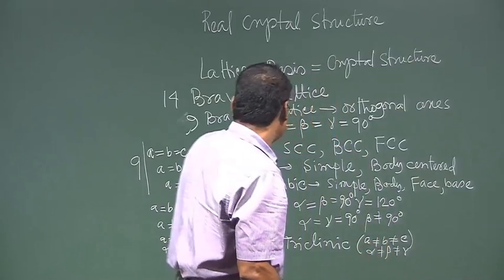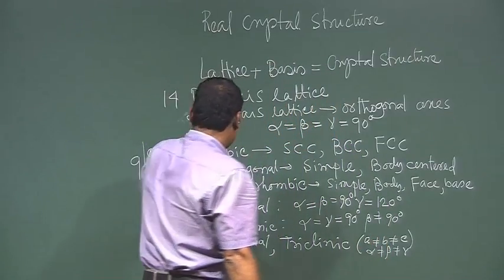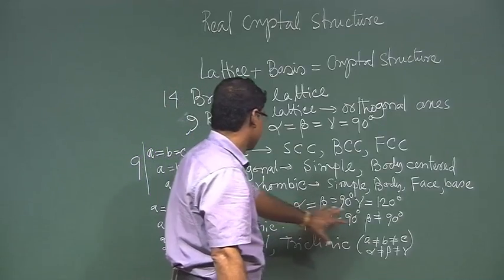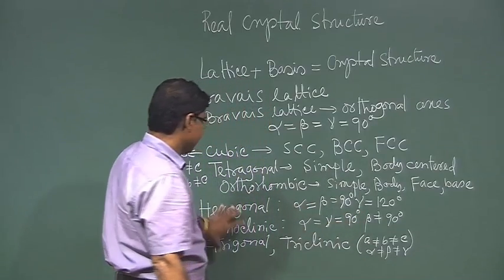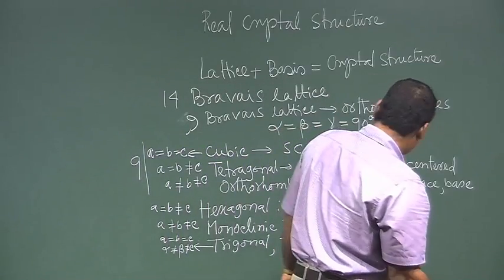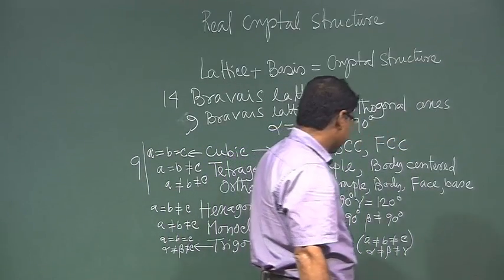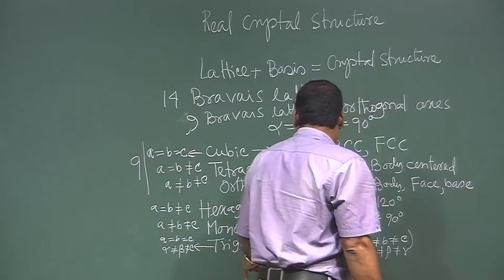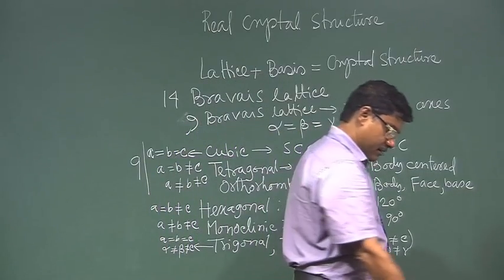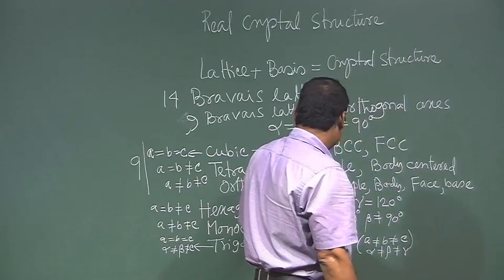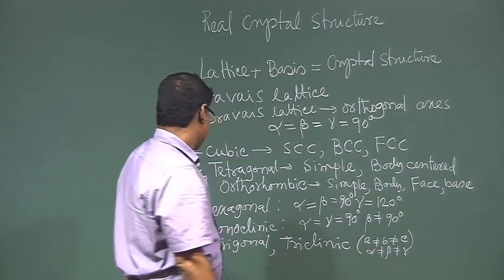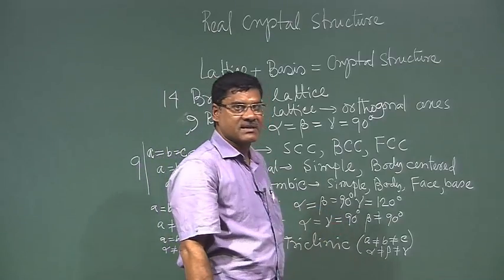Okay. So, from here there are 9 and from here one can get basically 5. Trigonal and triclinic are only simple type, and hexagonal also is only simple type, but monoclinic has simple and base centered, these two.